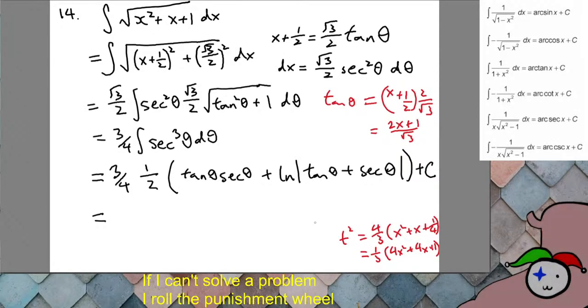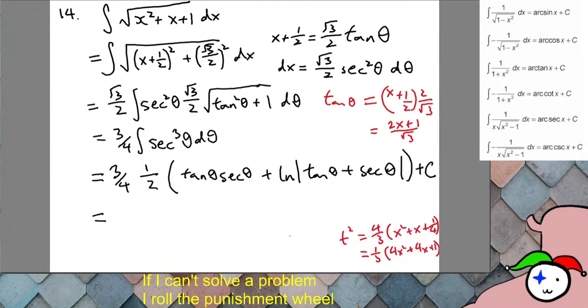So we know that tan squared plus 1 is secant squared, so secant squared is over this plus 1. So it'll be 4x squared plus 4x plus 4 over 3.